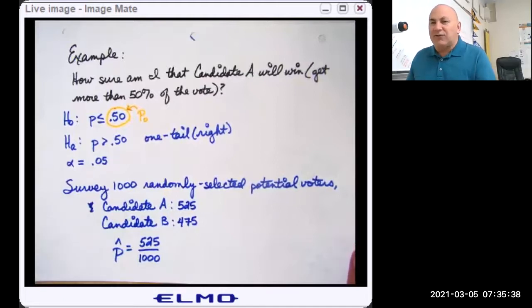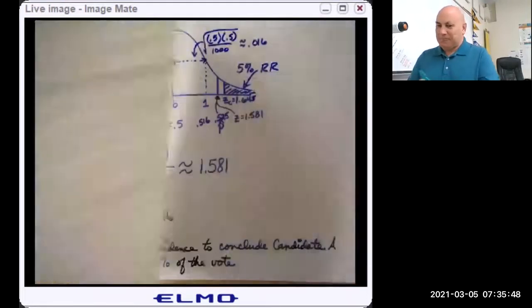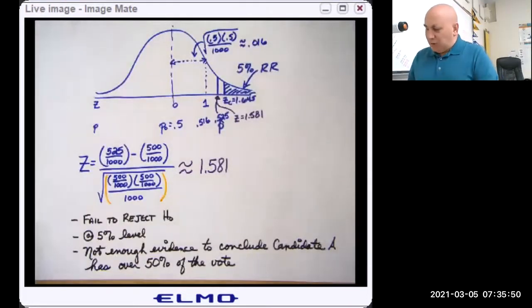We just don't have strong enough evidence, at the 5% level, to conclude that candidate A is definitely over 50%. So while we didn't prove the null is true, we didn't get enough evidence to reject it. Here are the three components of my conclusion statement.